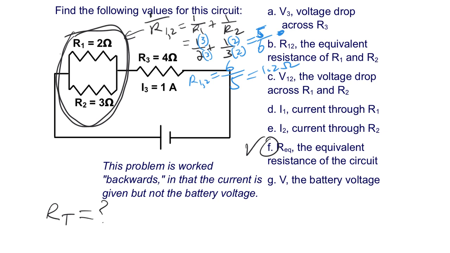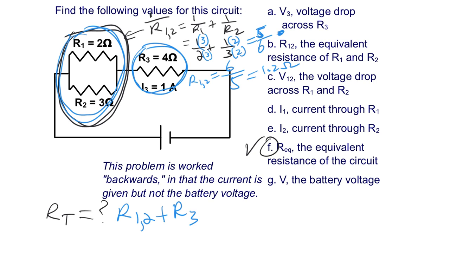Okay, so RT would simply be what I just found plus R3, because that set of parallel resistors and this lone resistor R3 are in series.